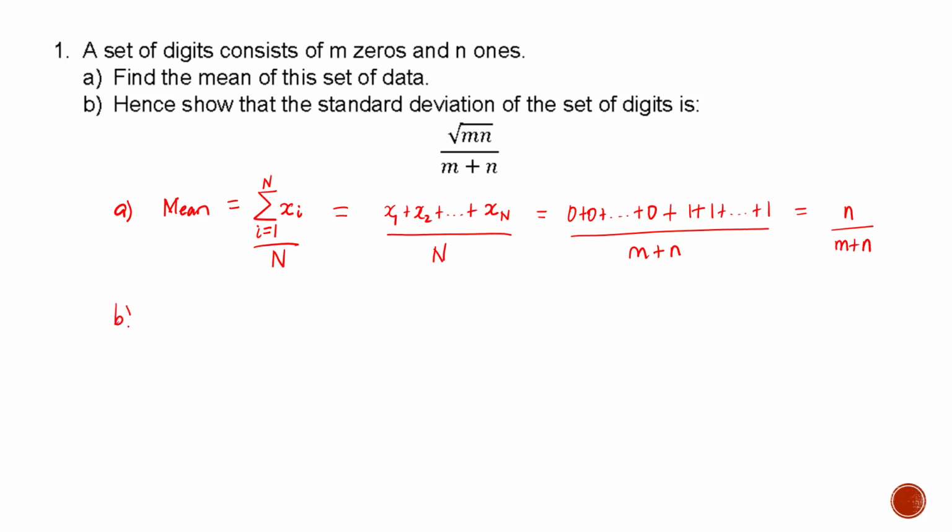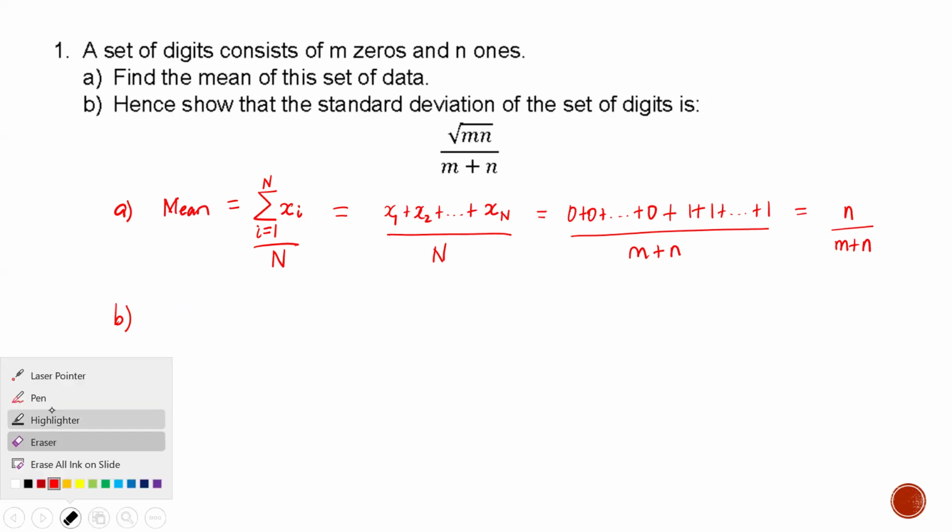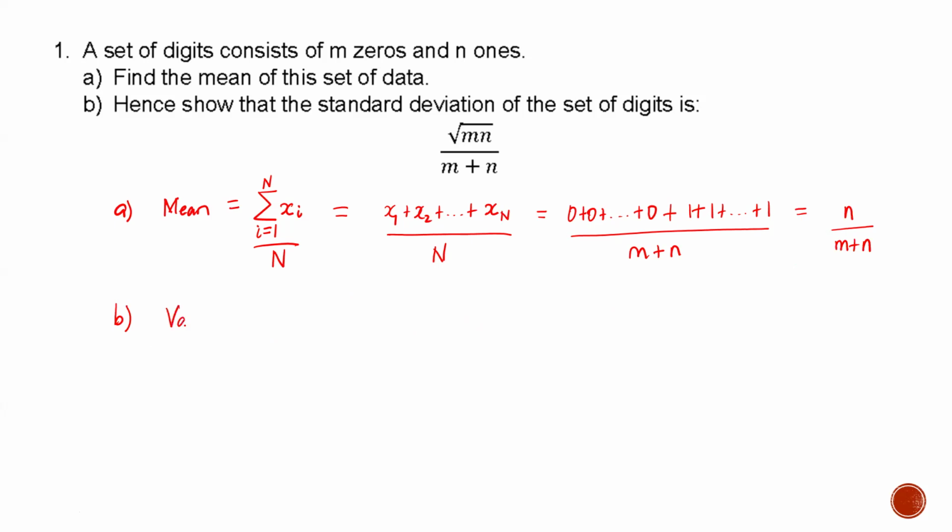And now for part B, we want the standard deviation. Now the standard deviation is just the square root of the variance. So what I'm going to do really is first find the variance. Now variance, from what we know, is the expected value of x squared minus the mean squared.